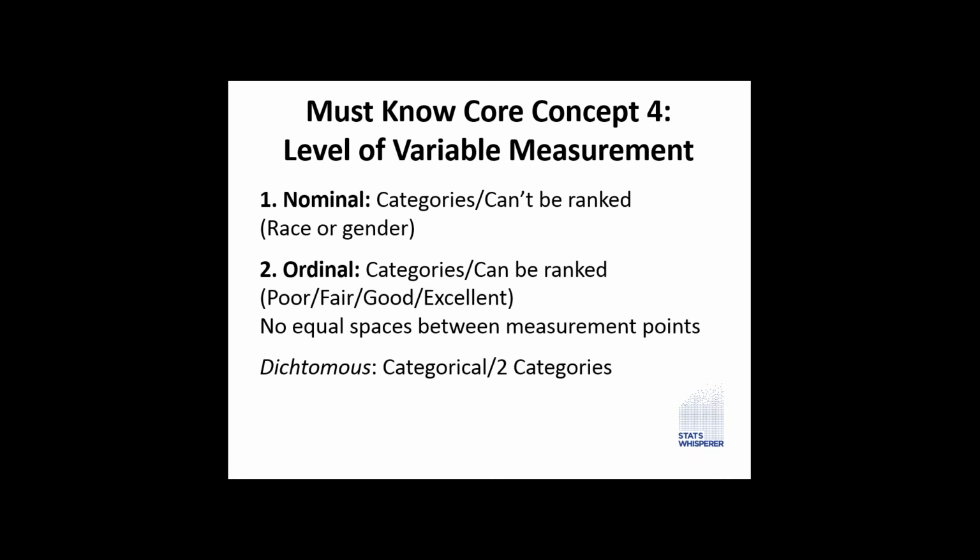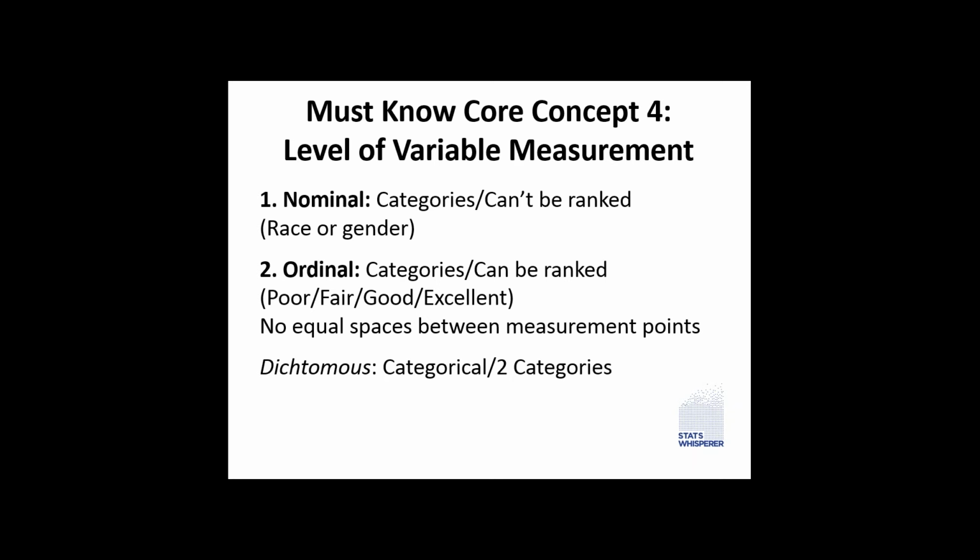So we could rate something as poor, fair, good, excellent, all categories, and you can rank them in terms of good and bad, top to bottom, bottom to top. It's also important to realize in ordinal, there's no equal spaces between measurement points.